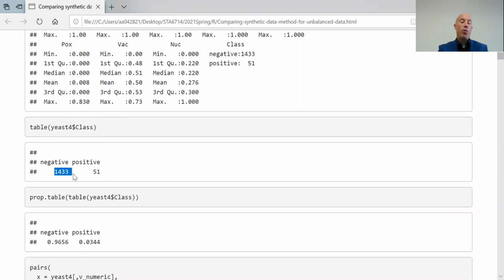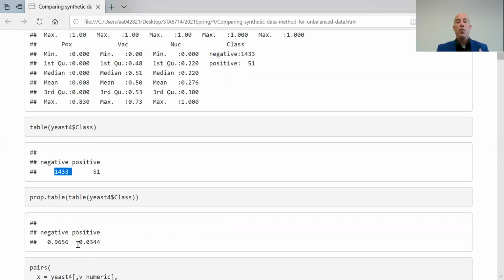That means that we have 3% positive cases. Now, that might represent the actual true situation of the population, but 51 is proportionally very low, 3%. It's going to be hard for me to build a model that detects the positive on this one. So I need to do something about it.